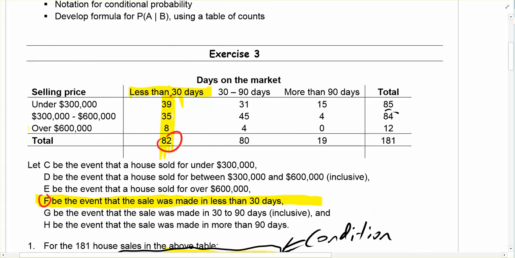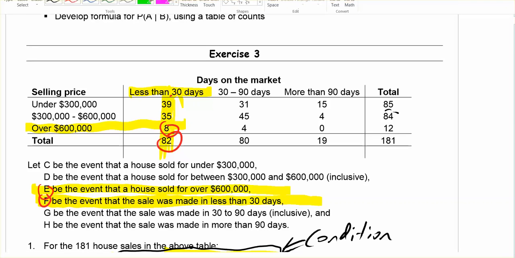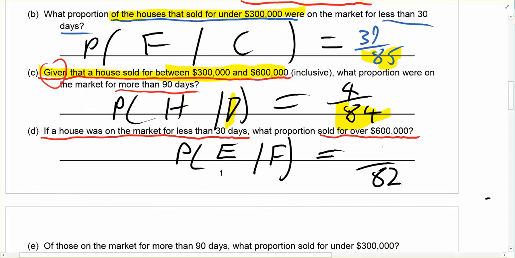So, over $600,000, well, the answer is 8 out of 82. And the letter we're using for over $600,000 is E. So it's the probability of E given F equals 8 out of 82. Cool.